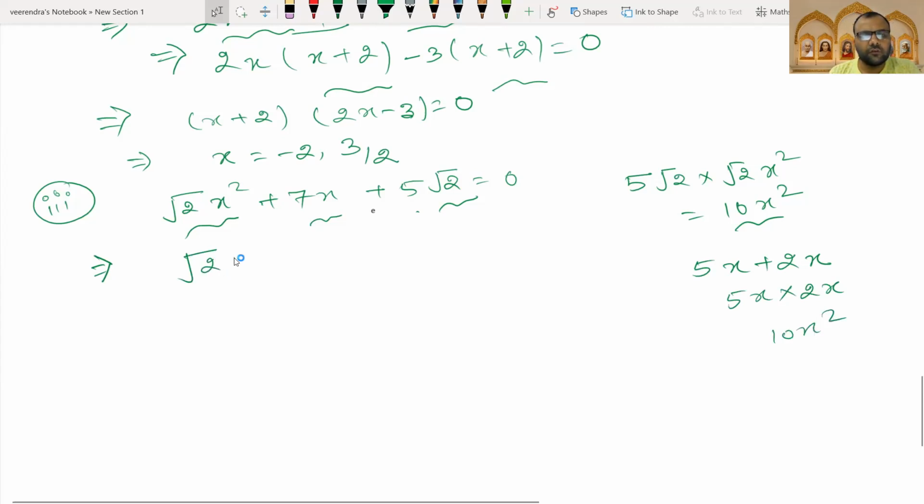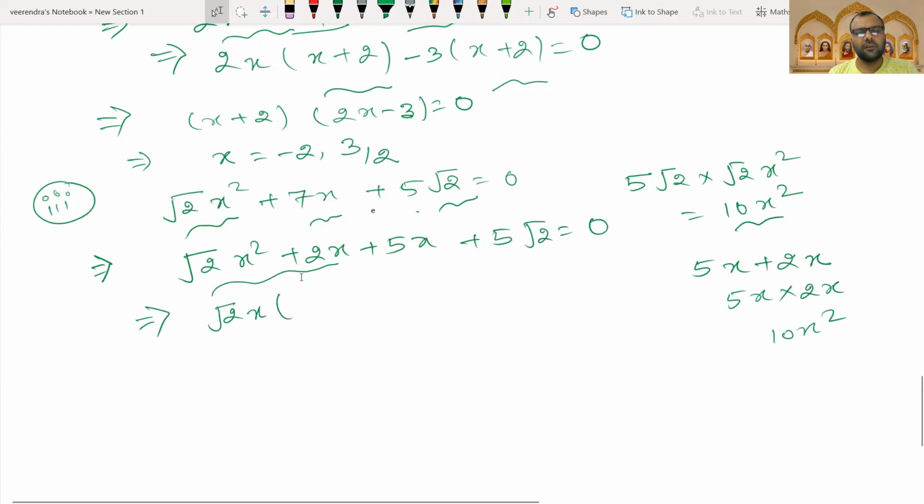root 2 x square plus 2x plus 5x plus 5 root 2 equals 0. Now, from the first two terms, root 2 x is common. So it will become root 2 x into (x plus root 2). And from the last two terms, clearly we can see 5 is common.